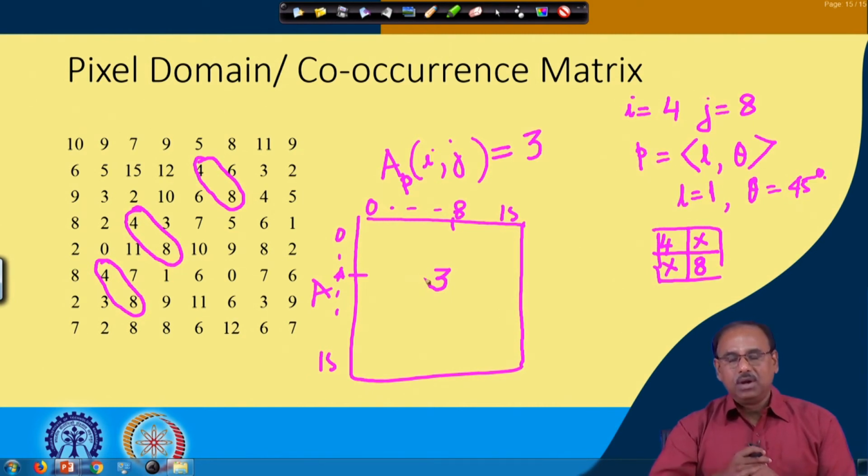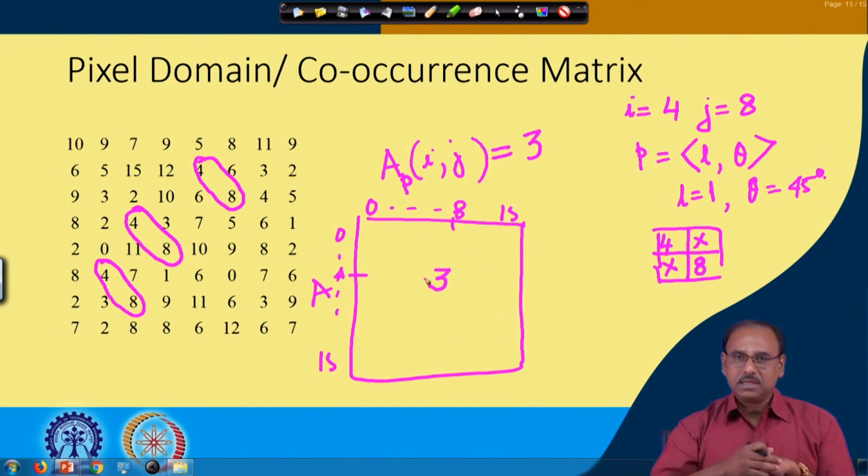So, effectively what it gives me is the number of occurrences of different pairs of intensity values, how many times they occur within the given image for a given p. If I vary p, obviously I will have different such co-occurrence matrices.